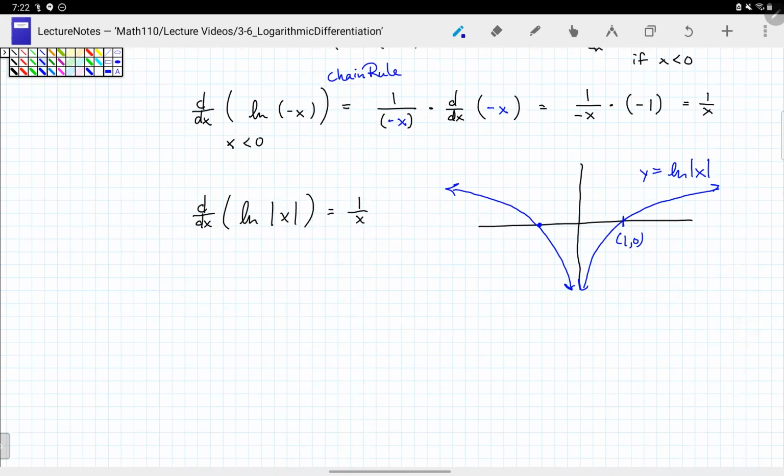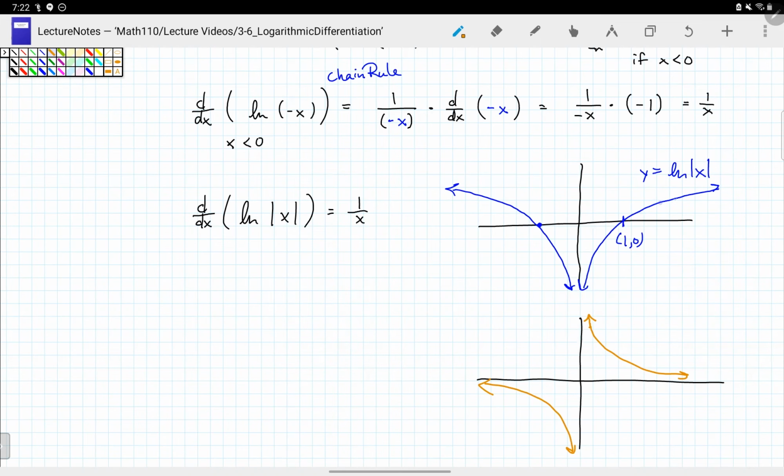And thinking about what 1 over x looks like, 1 over x looks like this. And so we see on the right side, with the regular natural log of x, the function is always increasing, so the derivative should be positive. Closer to 0, the graph is steeper, so the derivative should be a bigger number.